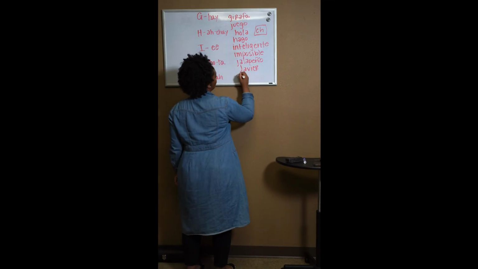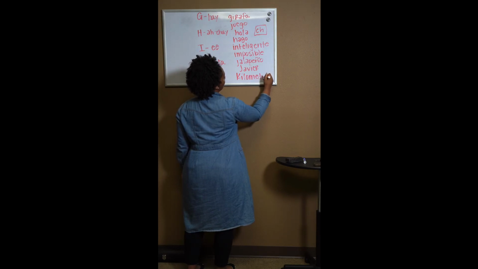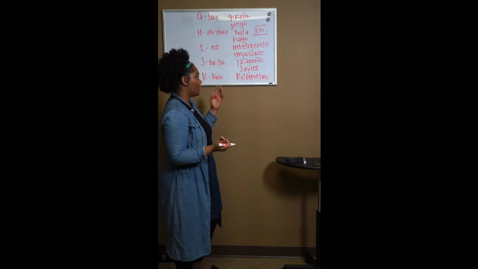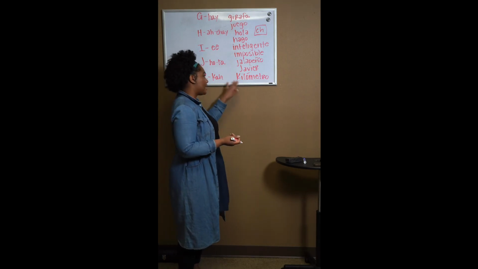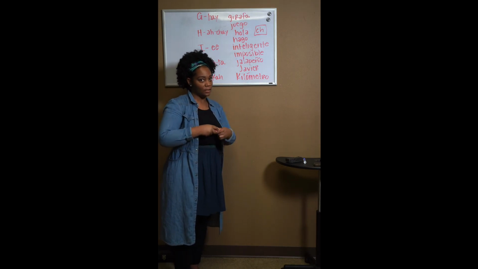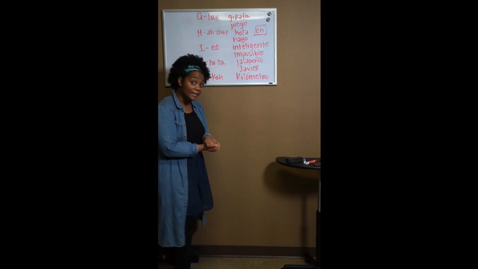So here's an example. This is clearly borrowed from English. Kilómetro. It makes the same K sound as it would in English. You won't see K in a lot of Spanish words unless it's borrowed from English or another language. So let's go over these words.